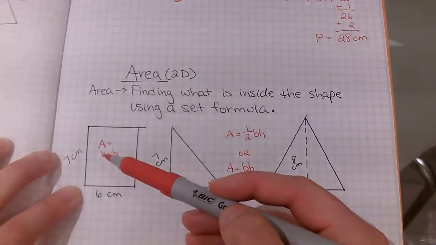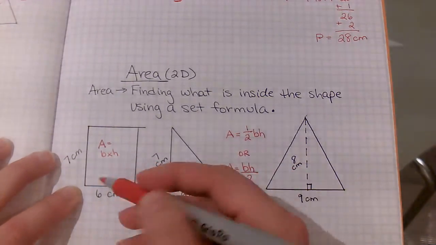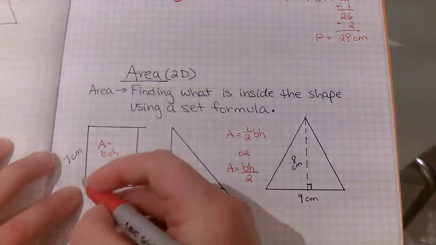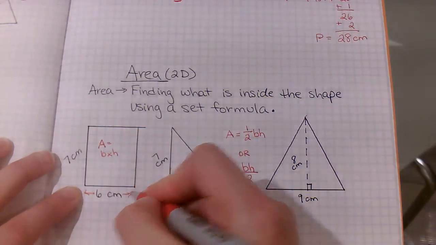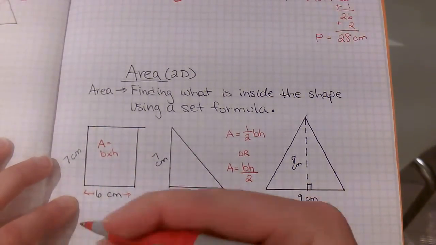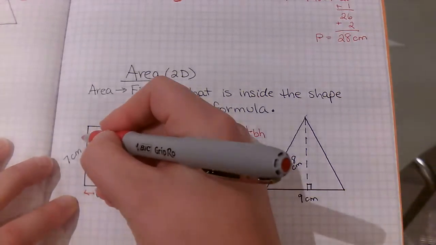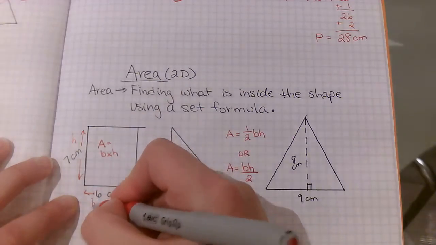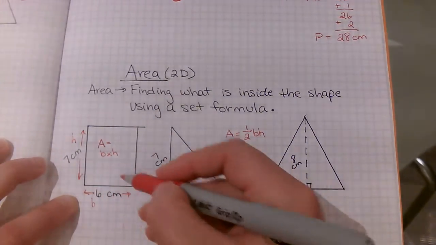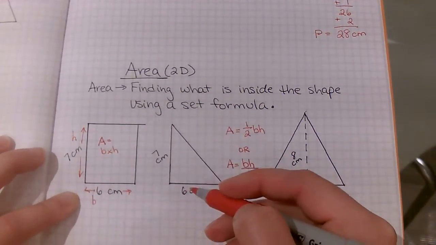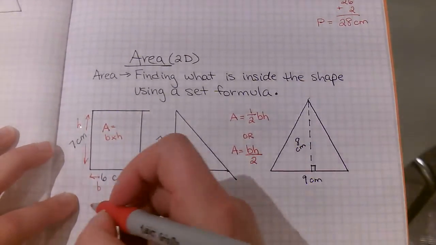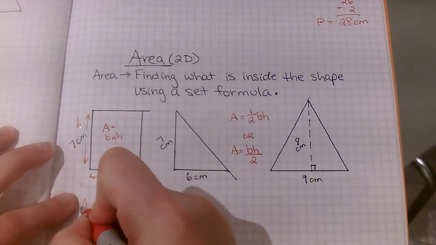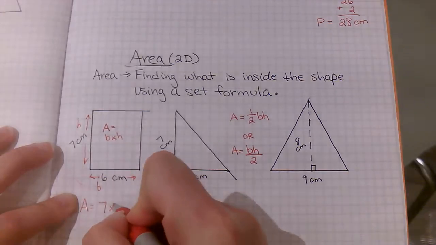So the area is base times height. So this is the base here. Okay, so this 6 centimeters is our base. It's the bottom piece. Okay, and our height, this is our height. So we have our height and our base. So to find the area, what's inside this rectangle, I'm going to go area equals 7 times 6.